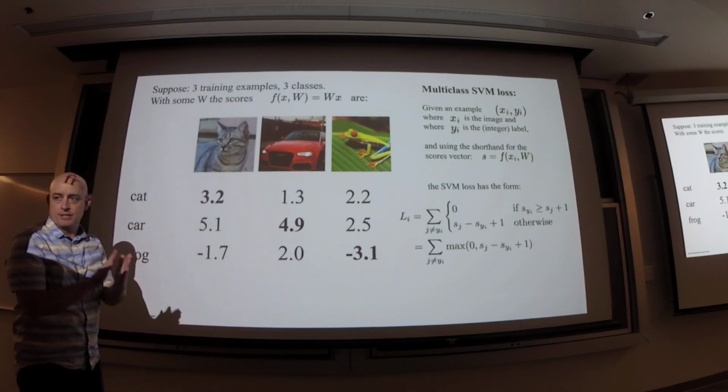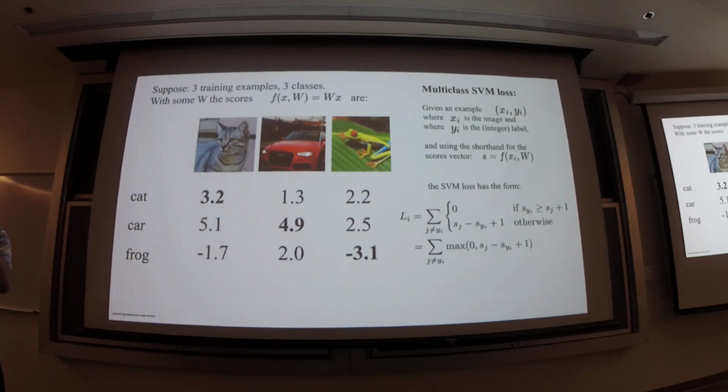This is saying the following thing. If the score for the correct class is already greater than the score for this particular incorrect class by a margin of 1, then we're happy about that. That's not going to make any contribution to the loss.